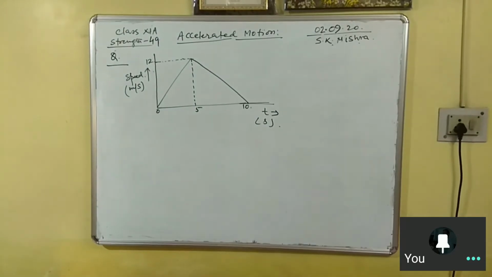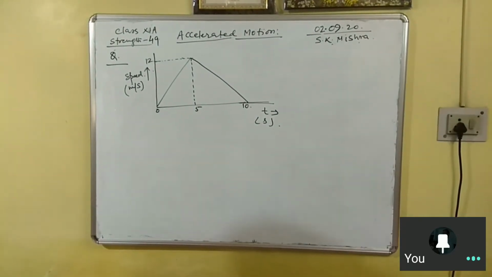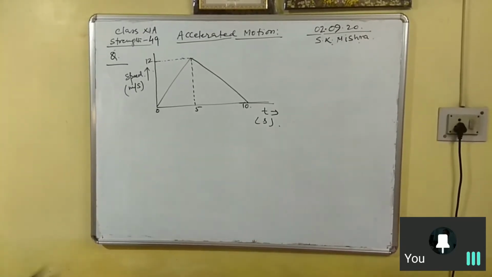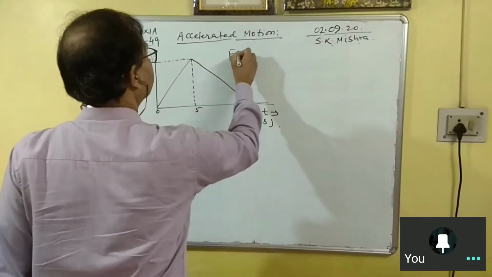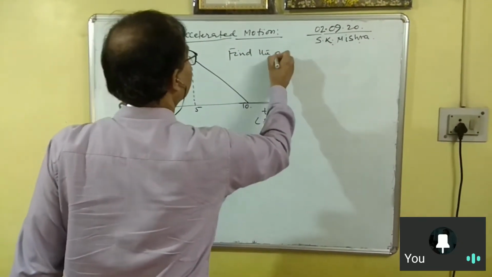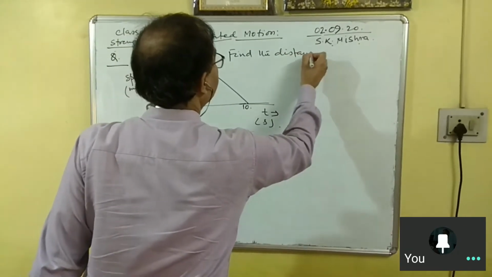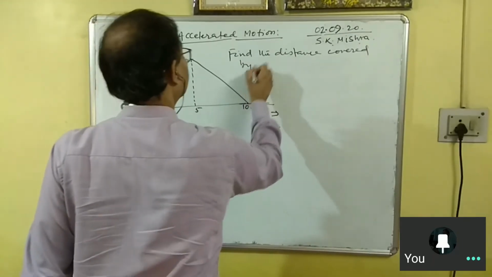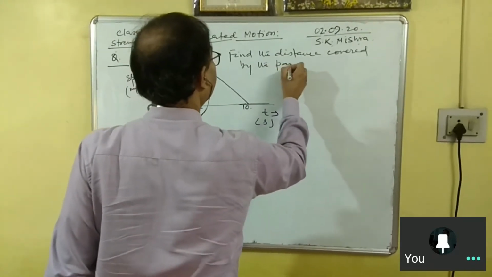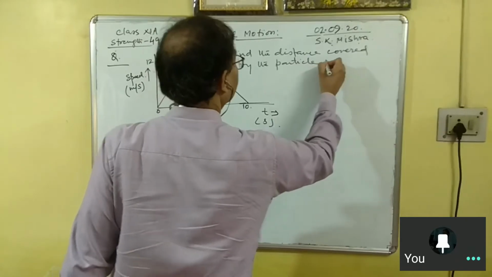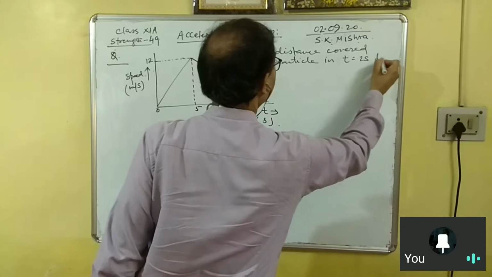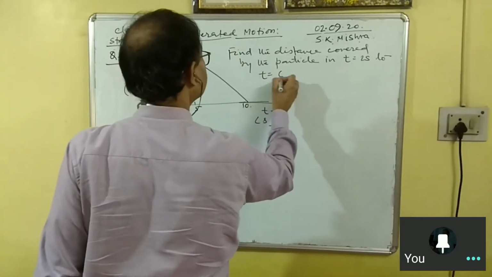The question is, you have to find the distance covered by the particle between t is equal to 2 seconds and 6 seconds. Find the distance covered by the particle in t is equal to 2 seconds to t is equal to 6 seconds.